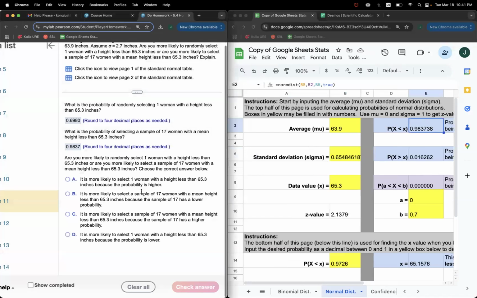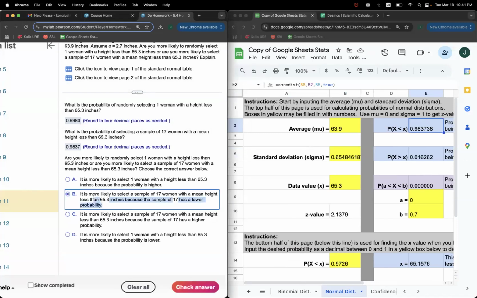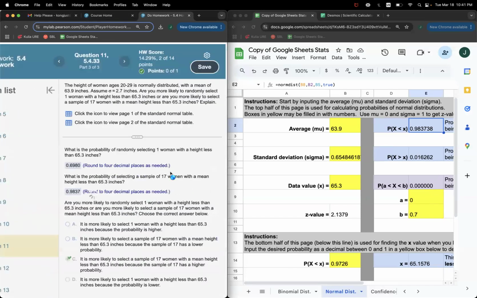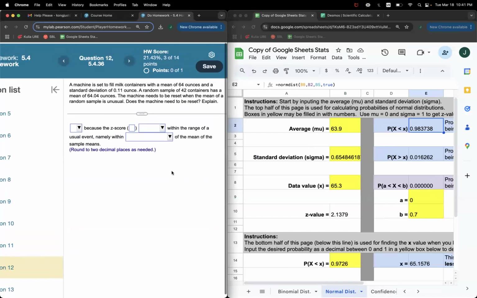Are you more likely to select one woman? No, they're wording this wrong. It's much more likely to select a sample of 17 women with that mean height, because the sample of 17 has a higher probability. Higher probability, more likely, right? That's obvious. Okay, that was it.